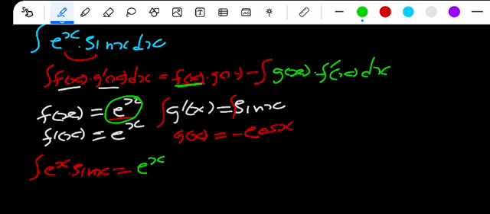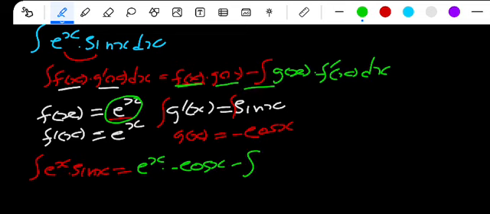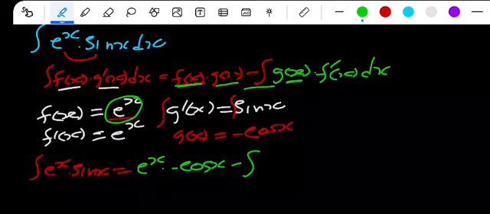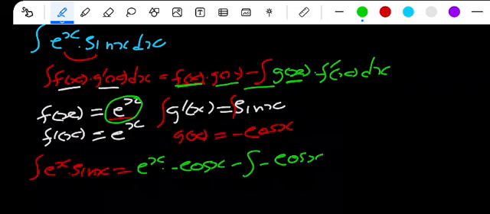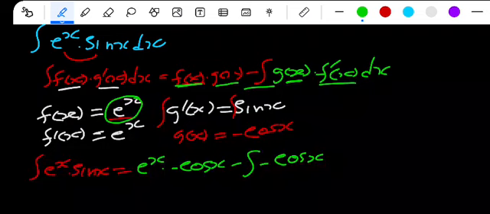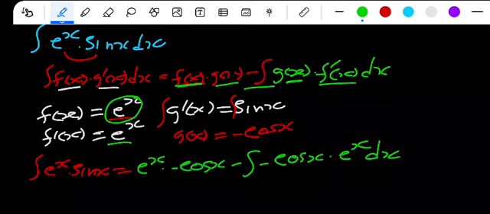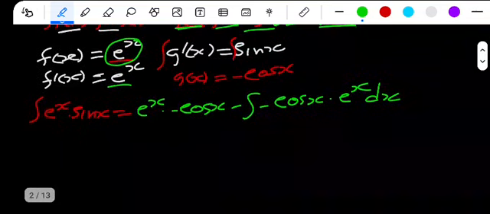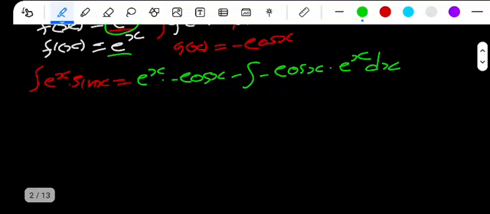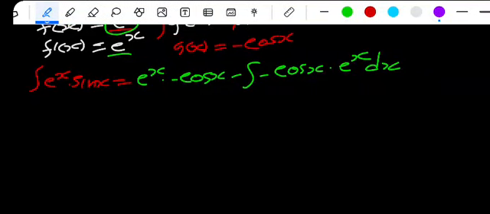Then g of x is negative cos x, minus the integral of g of x, which is negative cos x, multiplied by f prime, here it's e^x dx. This is what we have so far.